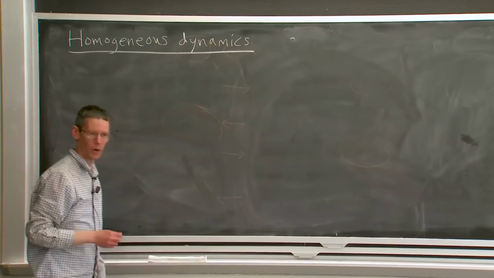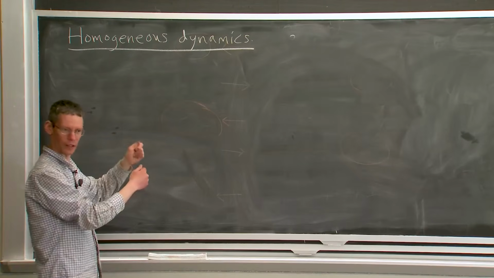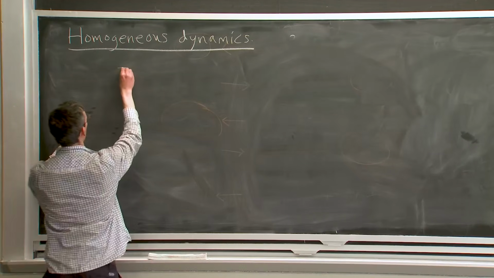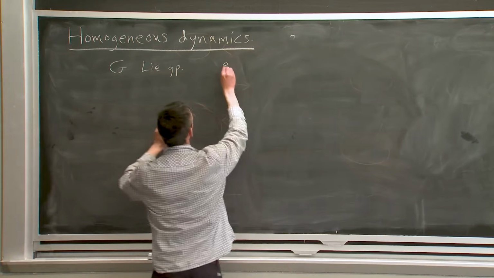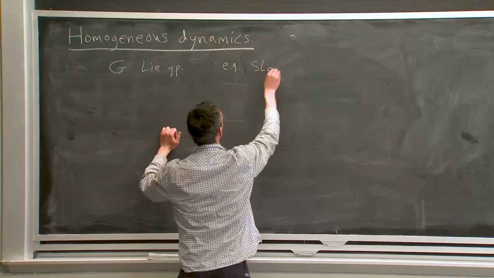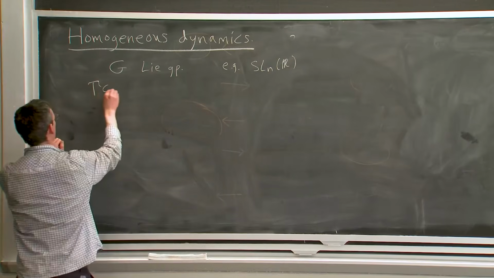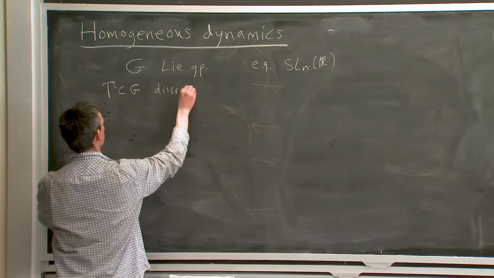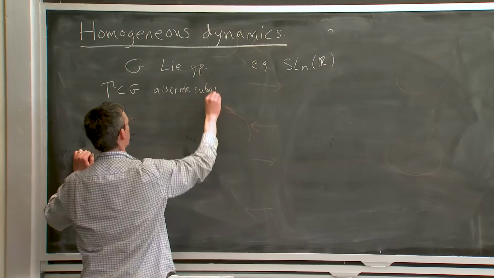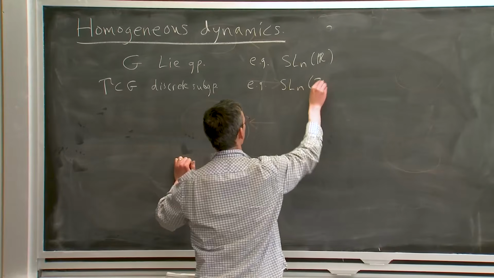OK. So we're going to be working with spaces that have a lot of symmetries. And so the spaces will come from a Lie group. So G will be a Lie group, for example, SL_n(R). And inside of G, there'll be a discrete subgroup Gamma, e.g. SL_n(Z).